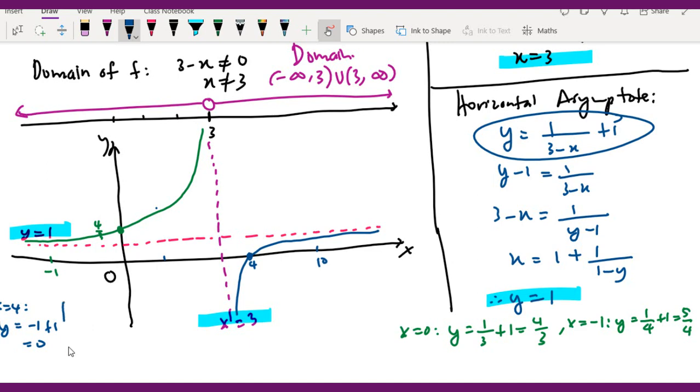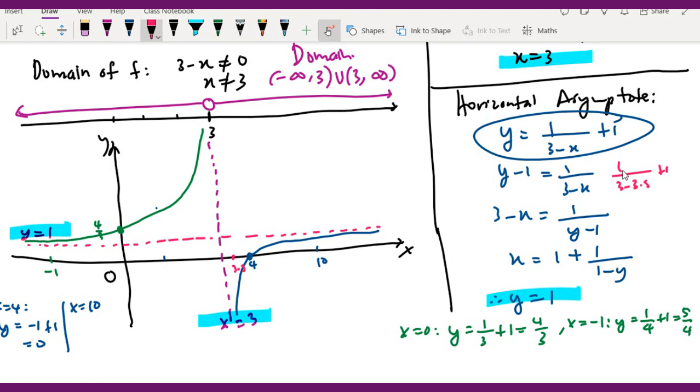You can check by choosing one value, let's say 10. When x is equal to 10, substitute: 1 over 3 minus 10 is negative 1 over 7, plus 1, and we get a positive answer. Or choose something like 3.5: 1 over 3 minus 3.5, plus 1.